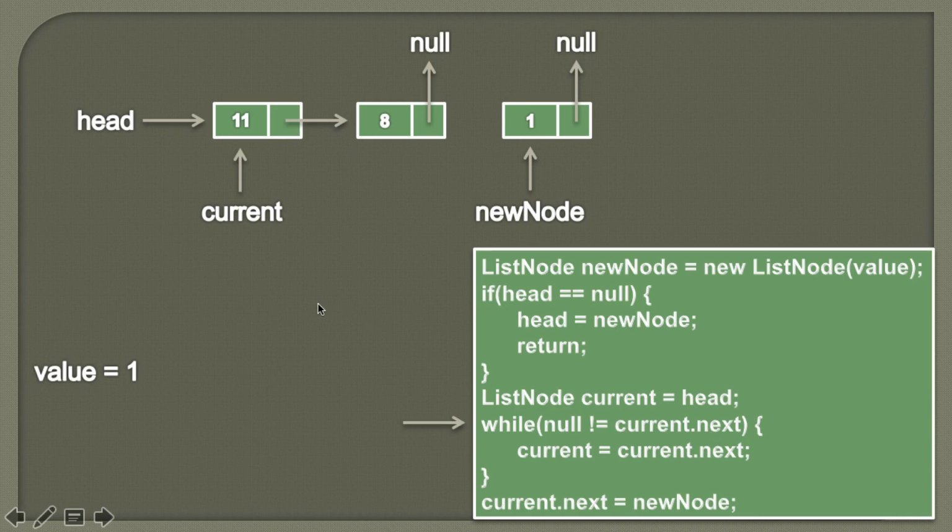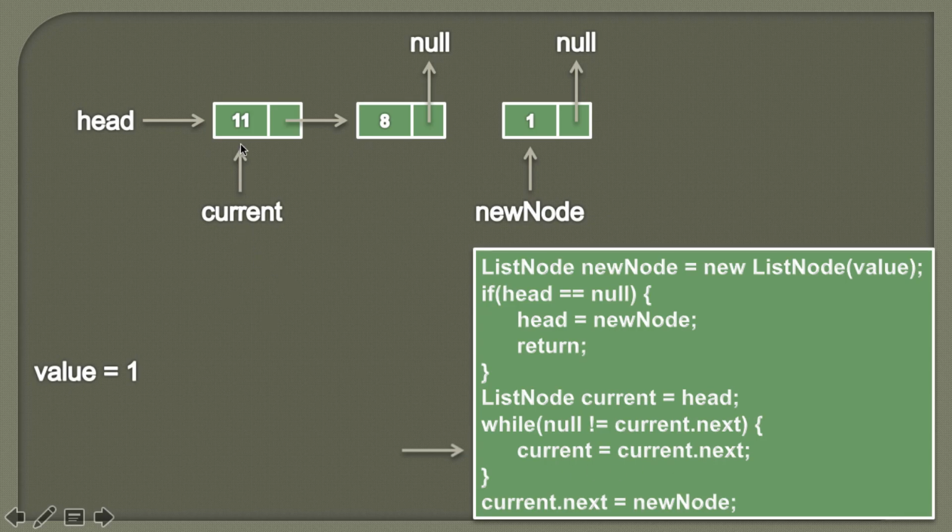In the first step we see current is pointing to a node having data as 11 and its next is pointing to a node having data as 8. Therefore current.next is not equal to null, so the condition in the while block comes out to be true. In the while block we traverse current to its next position by assigning current.next value to current.